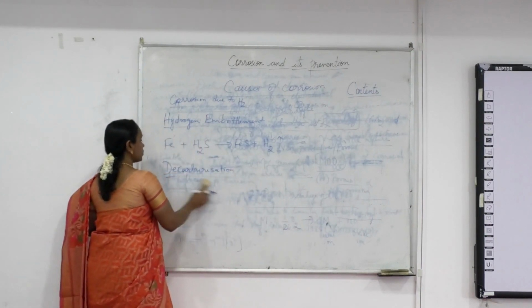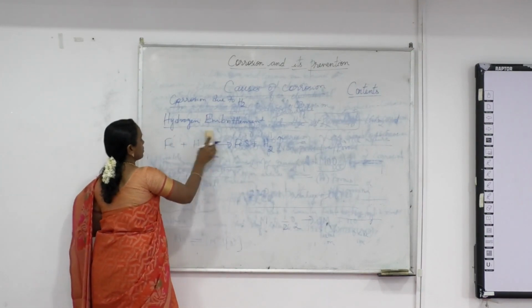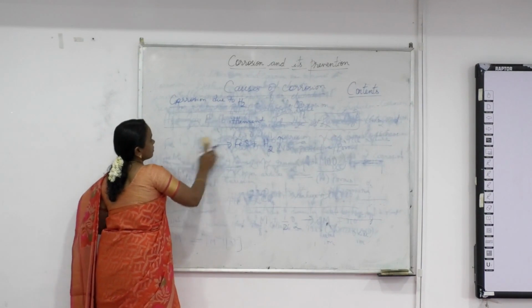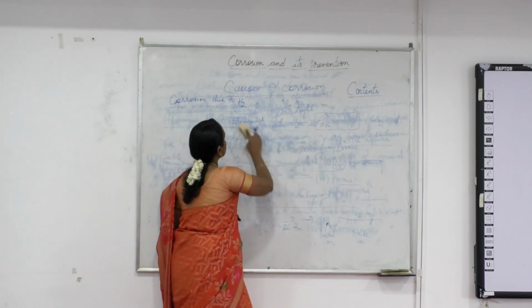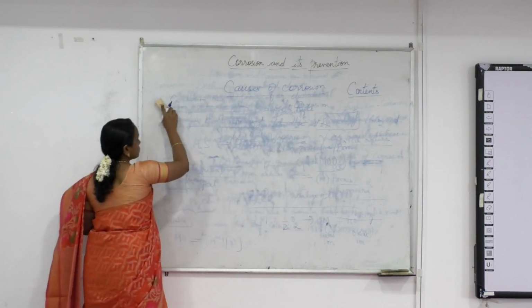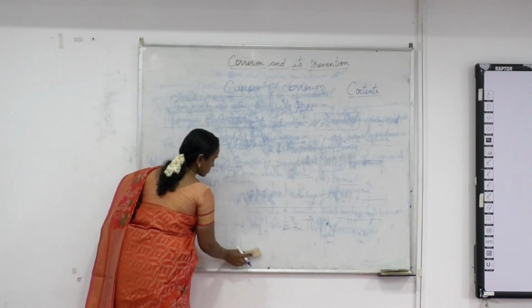There is one more type of dry corrosion, that is called liquid metal corrosion. So what is this liquid metal corrosion?